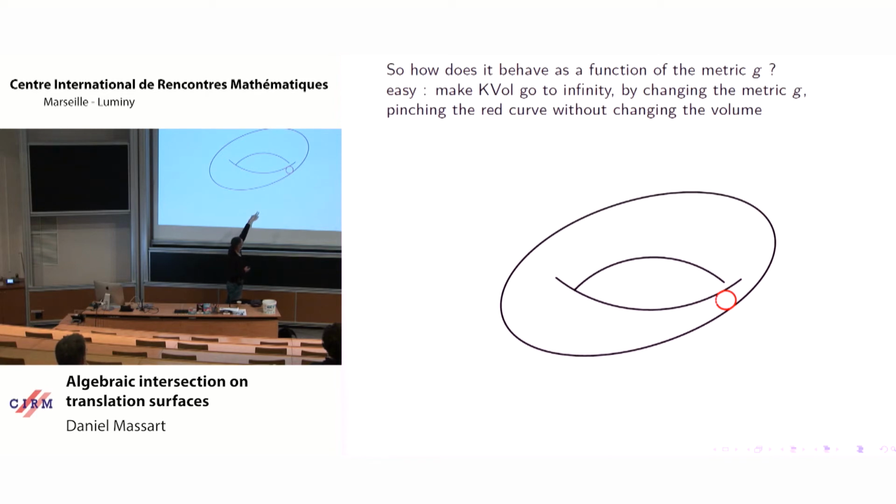Here the red curve, you can imagine it is infinitely small and the volume is not zero. So obviously the Bill goes to infinity. So it's never going to be bounded from above. Question, can we bound it from below?